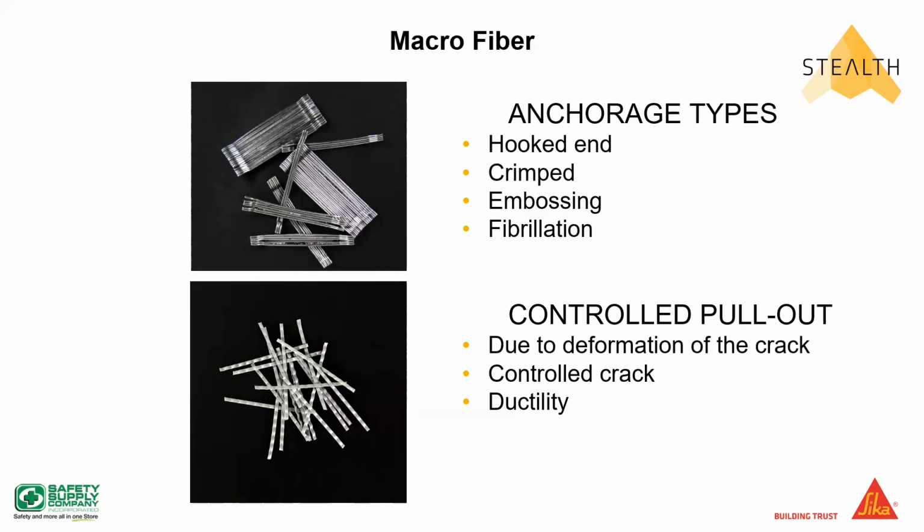And again, it's just providing more surface area for that fiber to embed in the concrete. Then we talk about controlled pullout, controlled crack, ductility, and things. There are all different types of fiber designs on the market. For instance, the one you see there at the bottom is actually a macro synthetic fiber, but it's crimped. And the crimp is what helps it with the pullout.